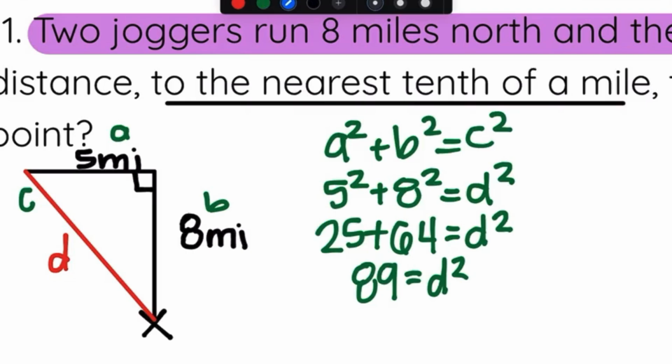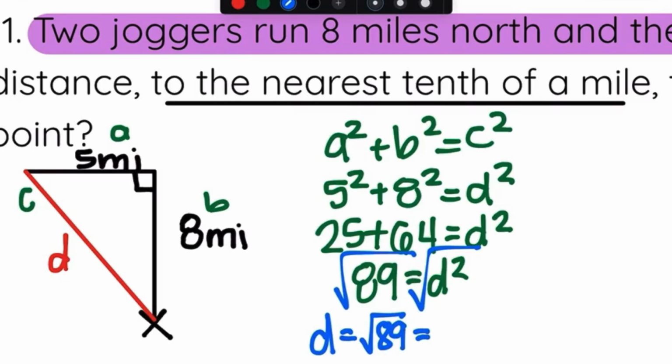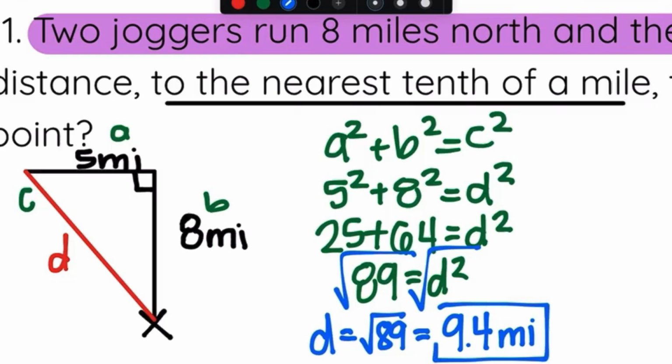And when you take the square root of both sides, you get the distance being, 89 is not a perfect square, so it's the square root of 89, which when I type in my calculator, I get 9.4 miles. Okay?